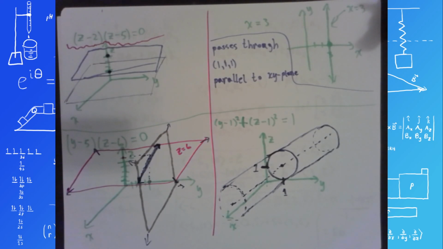Okay, so this would mean if it's parallel to the xy plane, then that means that it has a constant z.